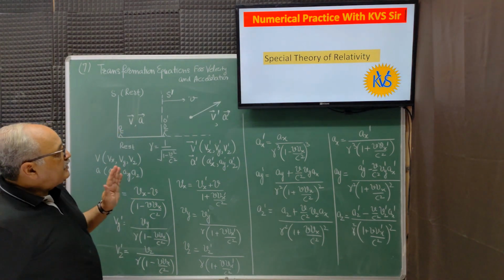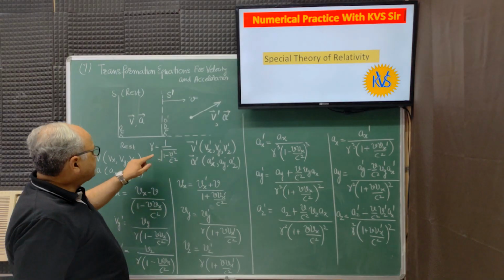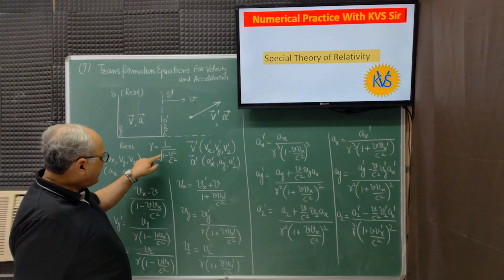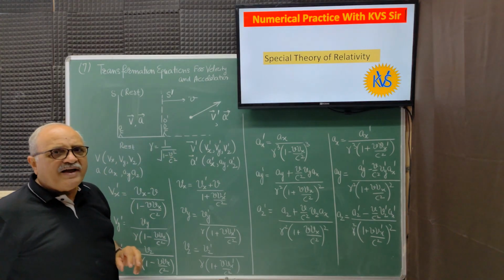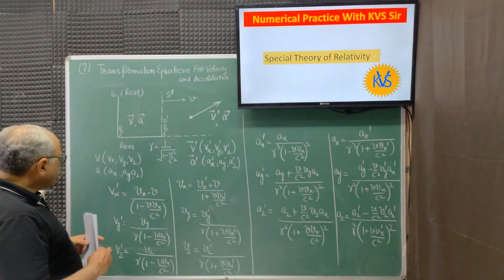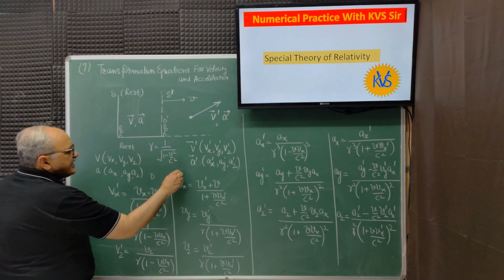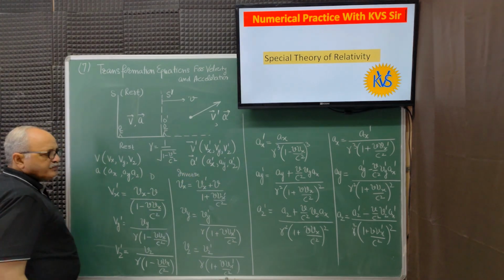Now we are taking a factor which is very commonly used, that is the Lorentz factor, 1 by under root of 1 minus v square by c square, and we are representing it by gamma. So these are the direct transformation equations, and these are the inverse transformation equations for velocity.